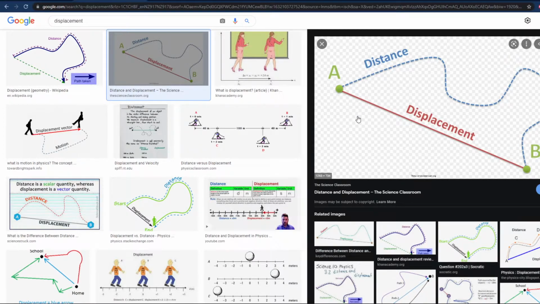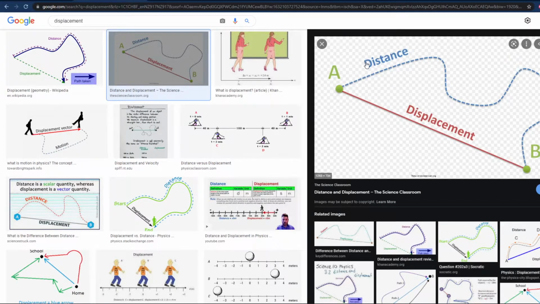It's sort of like as the crow flies from point A to point B. If the person ran some distance and then ran back to the start and then ran over there, the displacement is always just a measure of how far from the origin somebody is, right? It can also go backwards, so if the person ran over here and then ran backwards, you could use a negative number to talk about displacement.